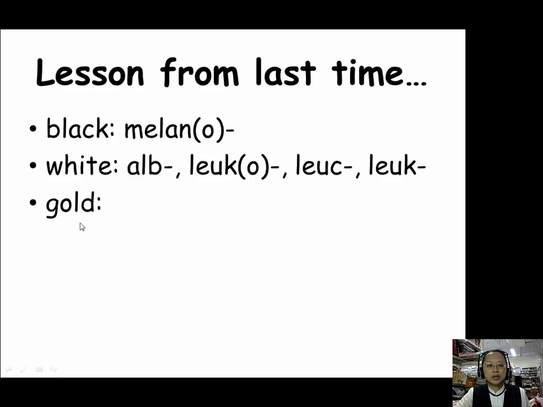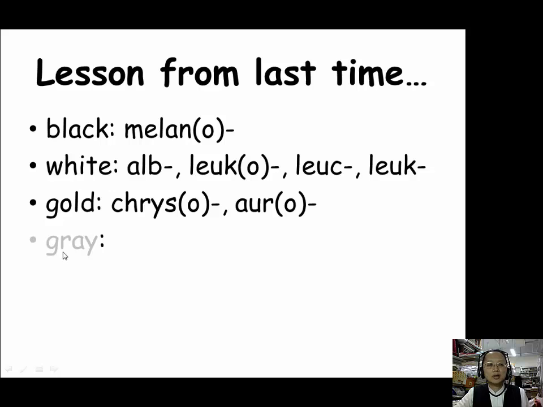For gold, there's two prefixes, chryso, C-H-R-Y-S-O, and auro, A-U-R-O. For the color gray, we have only one prefix, P-O-L-I, but remember, it is only used in describing the gray matter of our brain and the nervous system.